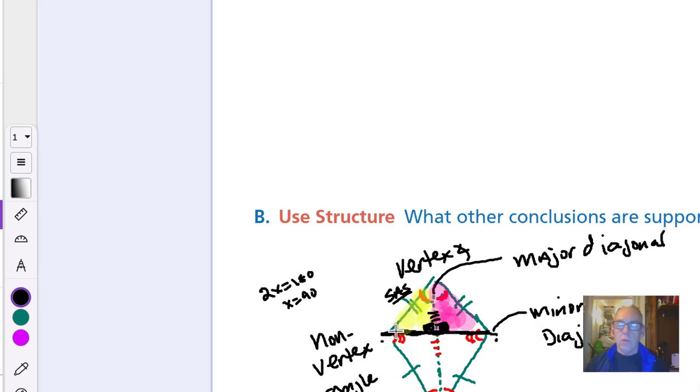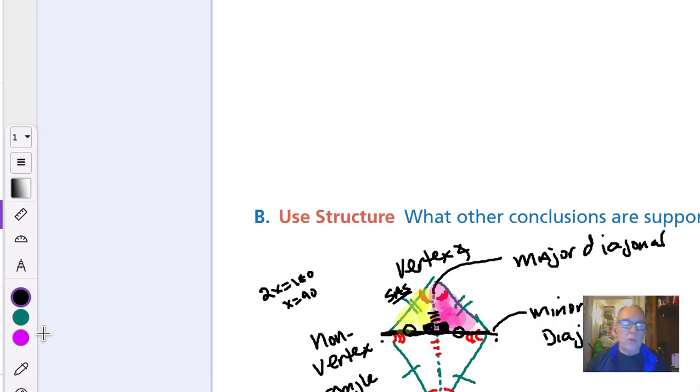Also, with these two triangles being congruent by side angle side, we can see that this minor diagonal is bisected by the major diagonal. So the major diagonal makes a right angle with the minor diagonal because these have to be right angles. And this major diagonal cuts the minor diagonal exactly in half because this point of intersection is the midpoint, since these two pieces are congruent to each other because they're corresponding parts of congruent triangles.